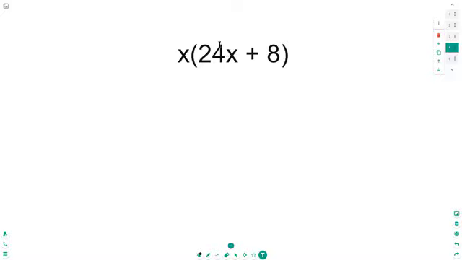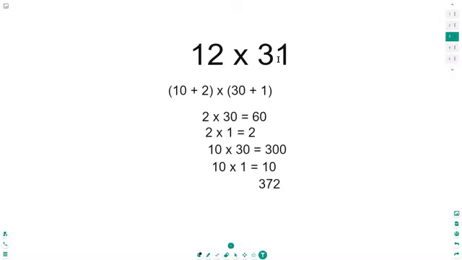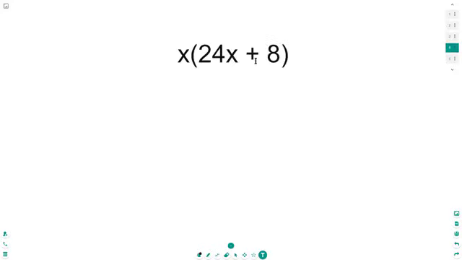And this is what our number is made of. Going back to look really quick, what's 31 made of? 3 tens and 1 one. What's 24x plus 8? Well, it's made of 24 x's and 8 ones. So we can distribute again, and this will seem supernatural to the students because they'll already have had a lot of experience with it. So when we have two x's multiplied together, we get an x squared. So we have 24x squared plus an 8x.